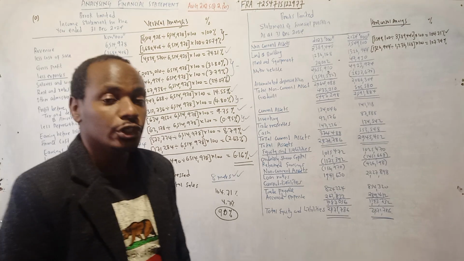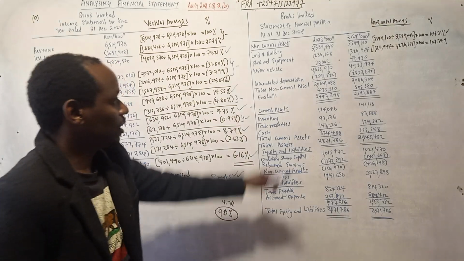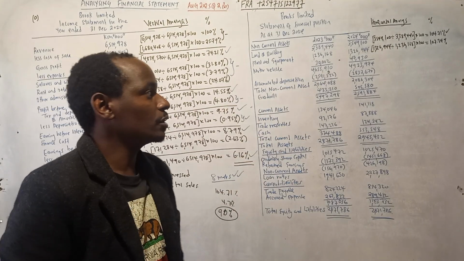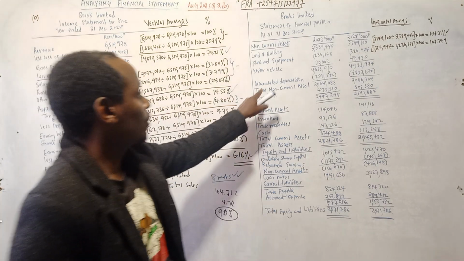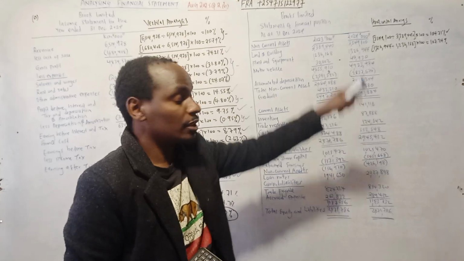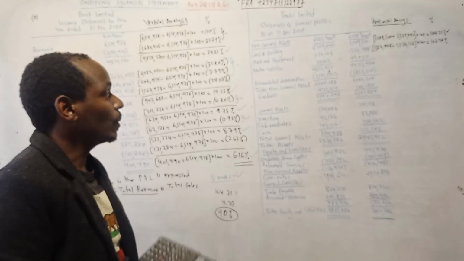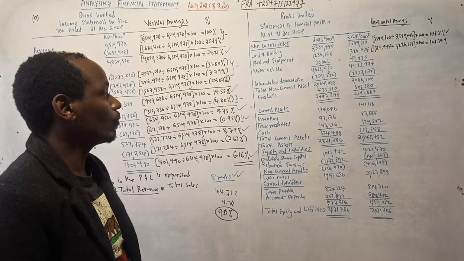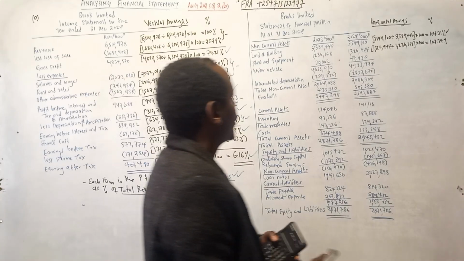There was a disposal during the year, so that amount reduced by 10%. But in this case it was 107.74, meaning the 7% increment represents acquisition of PPE during the year, because depreciation is done separately.